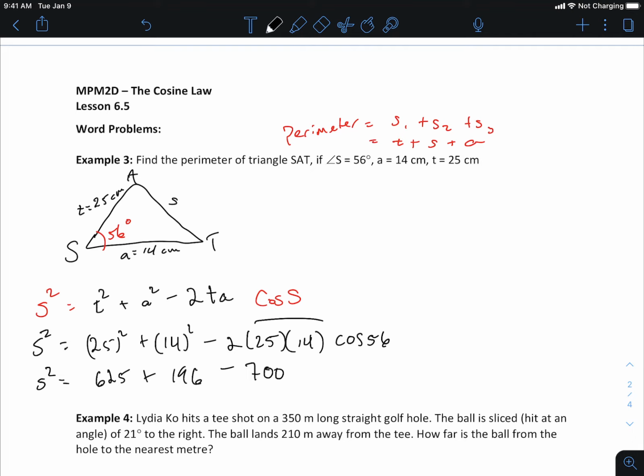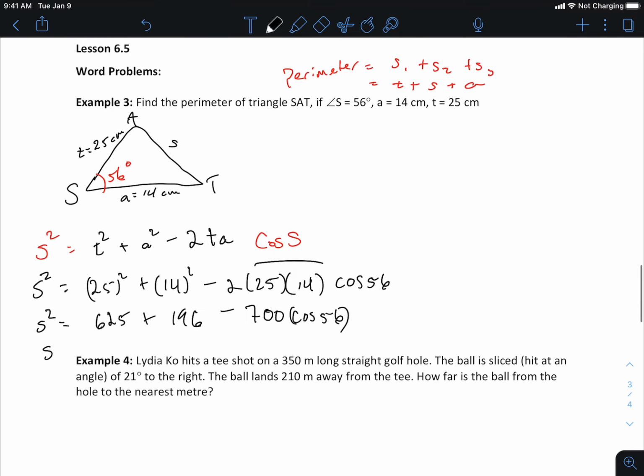Yes. Okay. And then that's multiplied by the cosine of 56, right? So you're going to need a little bit of a decimal place. You're going to have to go to your table, get the 56 and read off the decimal value for that, okay? Have you guys done the math on that already? 625 plus 196? 821.